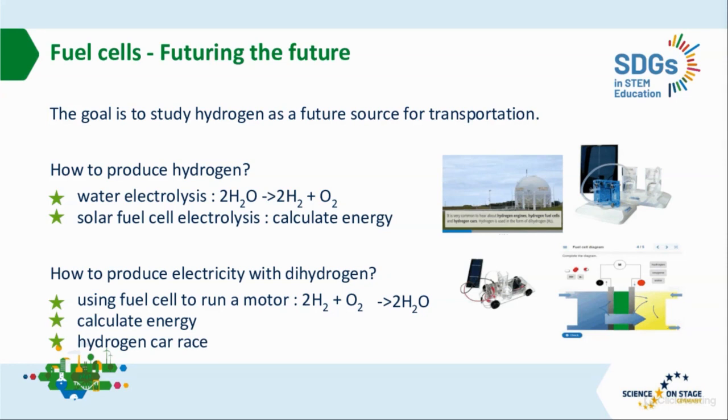And to produce hydrogen, we carried out different lab activities. We decompose water using electrical current to produce hydrogen. And we also use a fuel cell to calculate the energy that was produced.